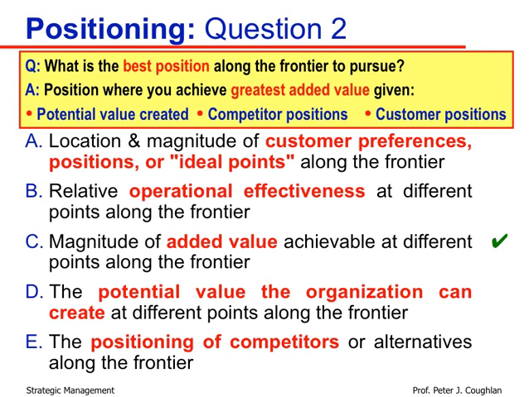Looking at our options, the potential value created is answer D, so that's something to be considered. The competitor positions, item E, is also something to be considered. That determines basically the added value. And item A is the location and magnitude of customer preferences, positions or ideal points along the frontier. So from that alone, it looks like the one item we are not being told to consider at this point is item B, the relative operational effectiveness at different points along the frontier. But let's go a little further.